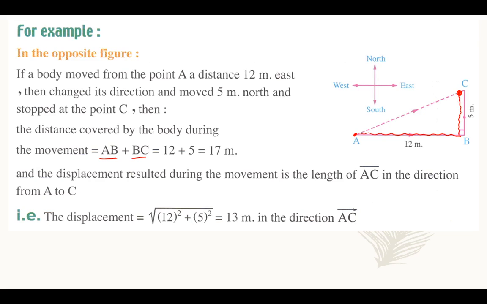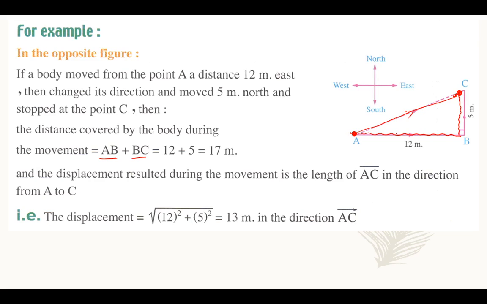And what about the displacement? The displacement is the distance from the starting point to the ending point. The displacement during the movement is the length of AC, in the direction of AC. How can we find it?